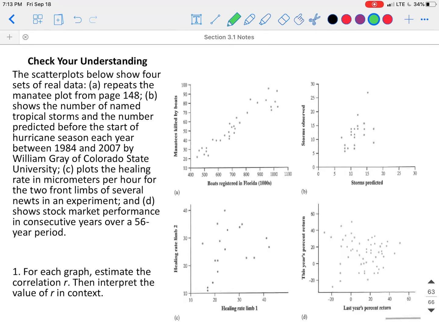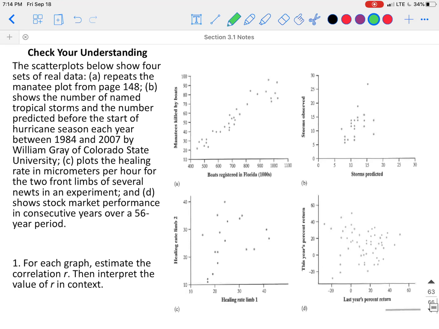Plot C is the healing rate in micrometers per hour for 2 front limbs of several newts in an experiment. So how fast are they healing? And D shows stock market performance in consecutive years over a 56-year period.